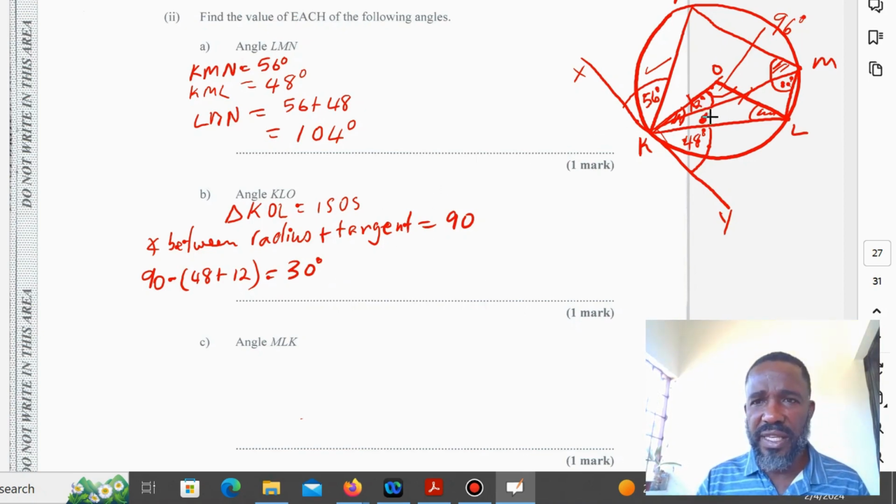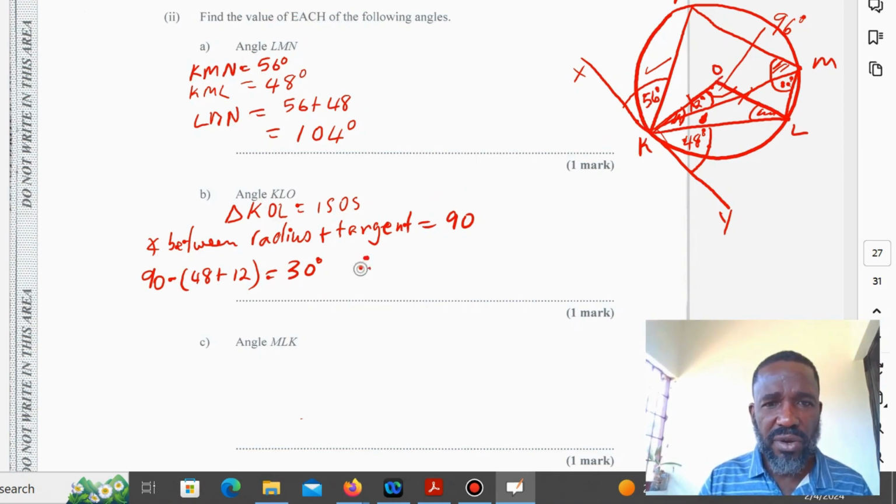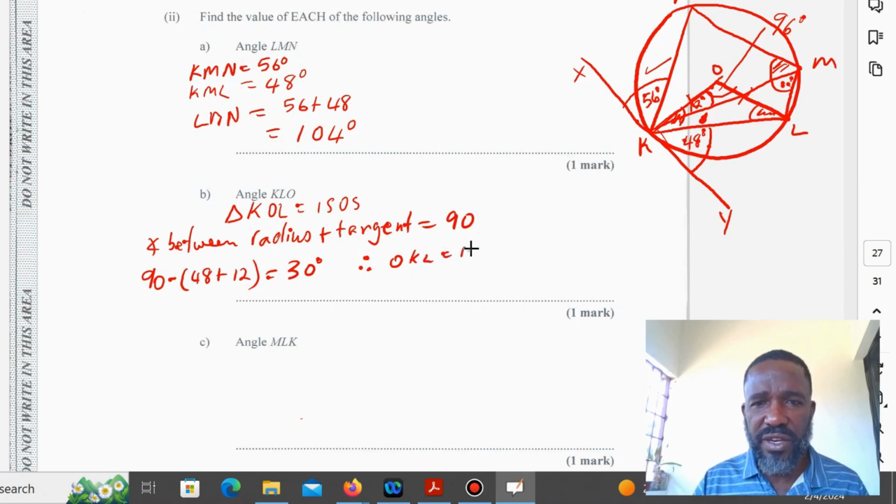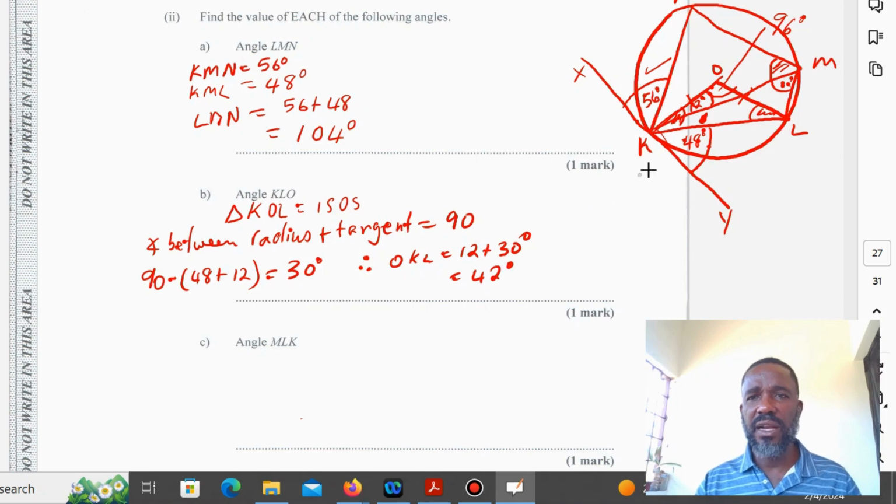So if this angle is equal to 30 degrees, then OKL is going to be equal to the 12 degrees plus the 30 degrees, which is equal to 42 degrees. So this angle down here is equal to 42 degrees.